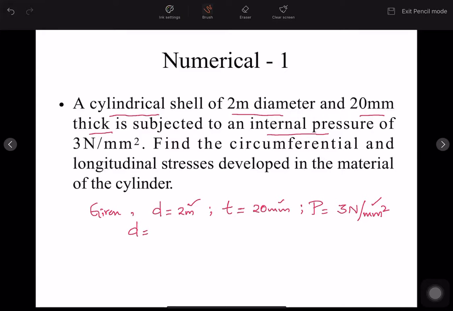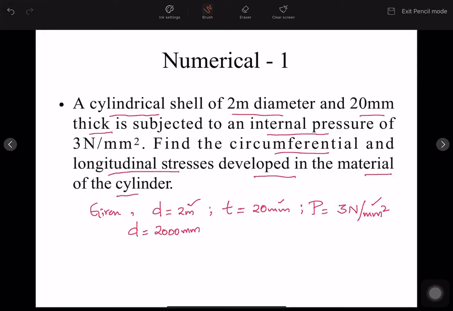So d is equal to 2000 mm, right. Units are very important. If the units go wrong, everything will go wrong and we'll get finally a wrong answer. Find the circumferential and longitudinal stresses developed in the material of the cylinder.